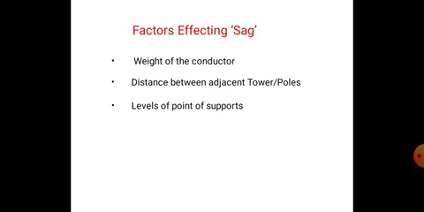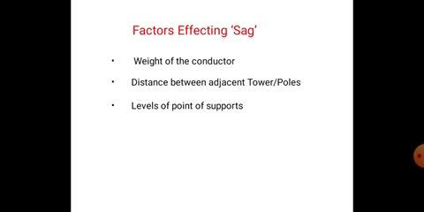That is, sag is directly proportional to span, right? And tensile strength: the sag is inversely proportional to the tensile strength. And temperature: as the temperature increases, the length of the conductor also increases, so the sag also increases.